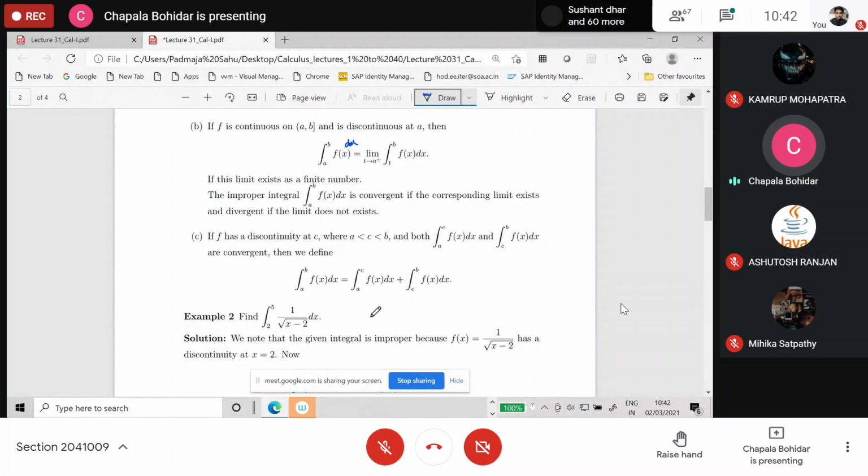So now integrate 2 to 5 dx. What will we do here according to our definition of type 2?